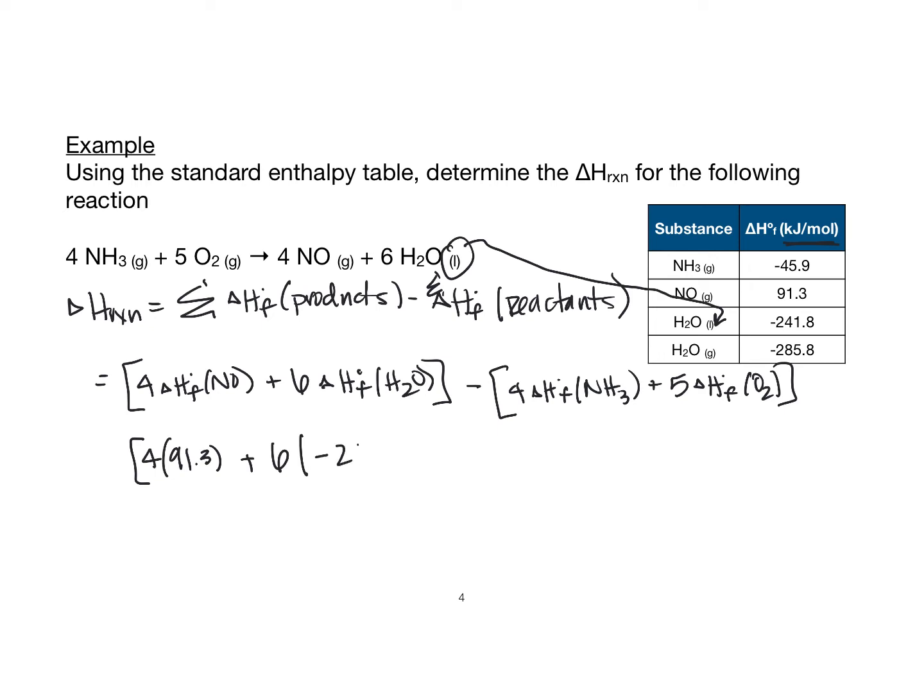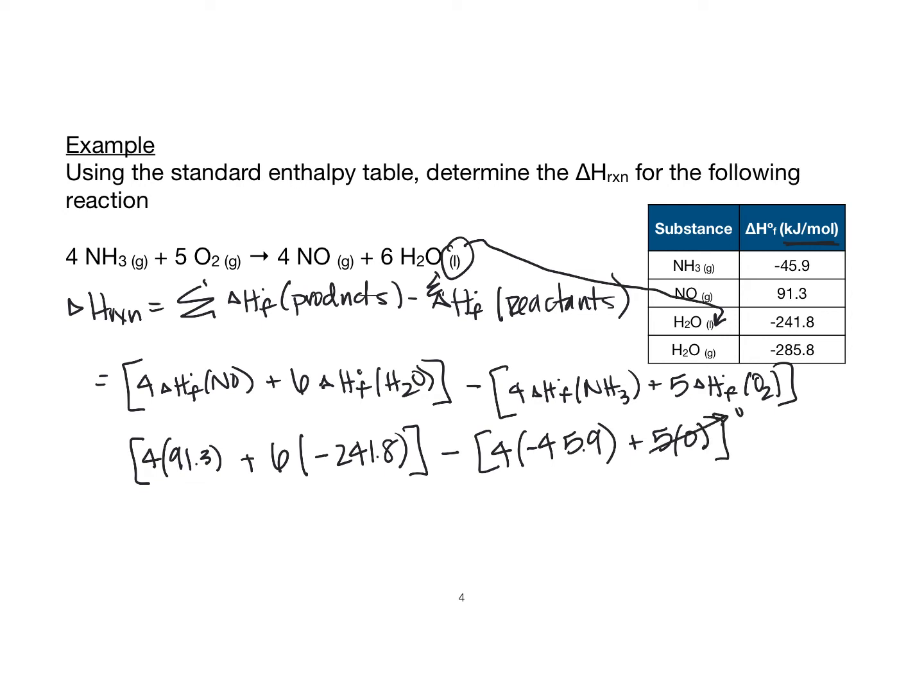So it would be negative 241.8, and that's going to be minus 4 times the value for ammonia, which is negative 45.9, plus 5. We don't see O2 in this table, but we know that O2 gas is its native state, so that's going to be times 0. So this is just going to become 0.